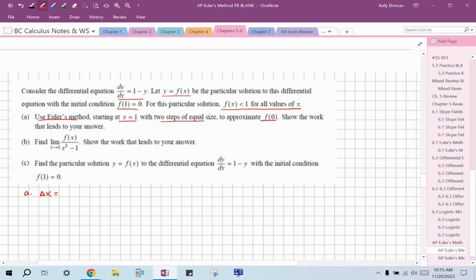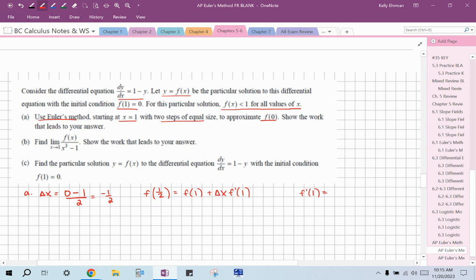You're trying to approximate f of 0, and you're starting at 1. So 0 minus 1 over 2 equal steps is negative 1/2. That means that starting at 1, if we go back 1/2, our first approximation is f of 1/2. That's going to be f of 1 plus delta x times f prime of 1, which we'll need to figure out off to the side.